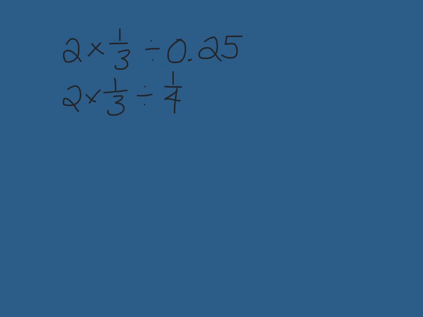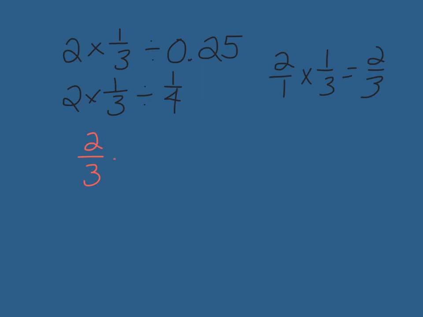Now I don't have any parentheses, and I don't have any exponents. I do have multiplying and dividing, so I'm going to go from left to right. 2 times 1/3: 2 times 1 over 3. I get 2/3.